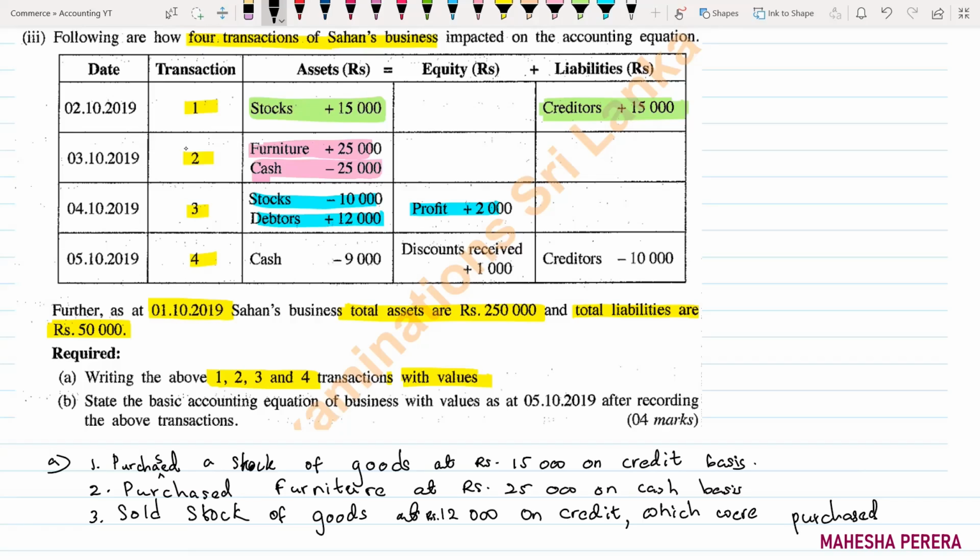How much? At 10,000 rupees, right? Now, instead of saying stock of goods, you can just write goods even. That's okay. So, all goods at this much on credit, which were purchased at 10,000 rupees. But it's better to say stock of goods, right?